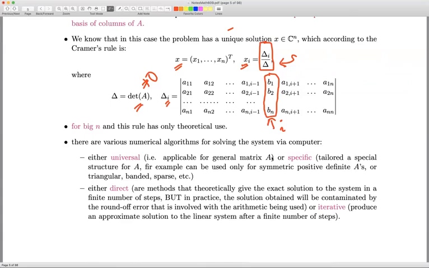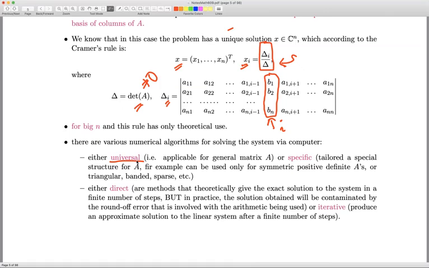Some algorithms are universal, in the sense that the algorithm can be applied for solving any system Ax = b for any invertible matrix A. We have this recipe or rule for any A. And if our matrix has a more special structure, then this rule gets a little bit simpler, which we're going to see as we go along with the lecture.